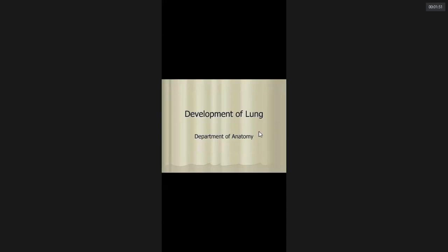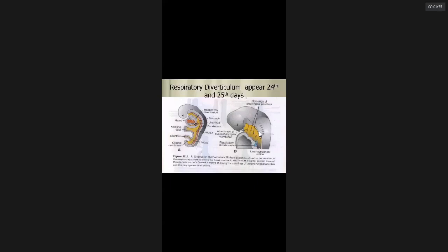So, as far as the development of the lung is considered, you are seeing the first diagram in front of you. This is the first time when your respiratory diverticulum is appearing, on the 24th and 25th day, within the cervical region, within the region of the neck.